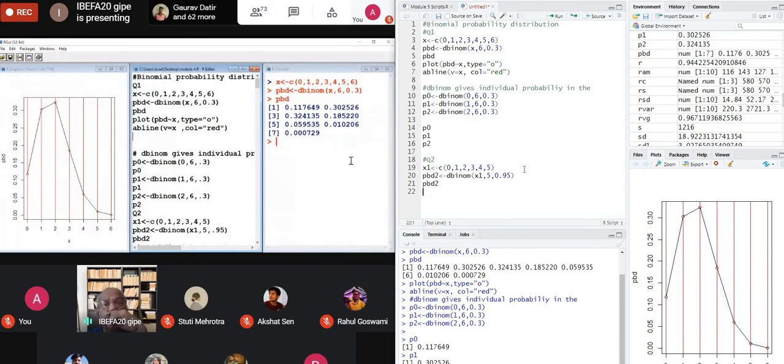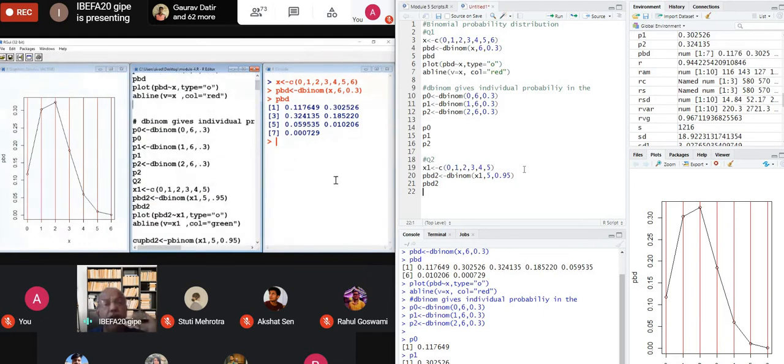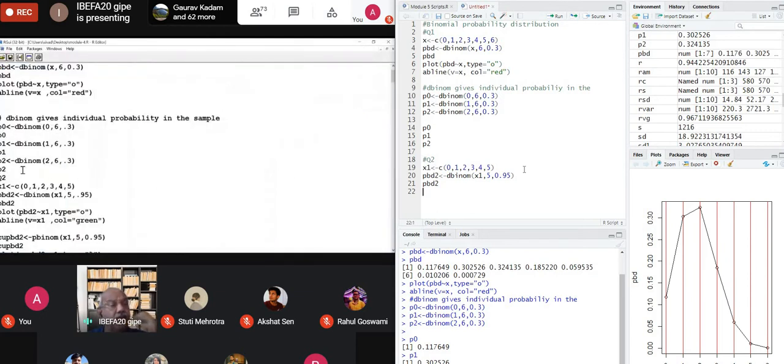And in your first question, it is asking for individual probability: X is equal to 0, X is equal to 1, X is equal to 2. That's all. So instead of writing X, you put the value and write in dbinom, you will get the probability.